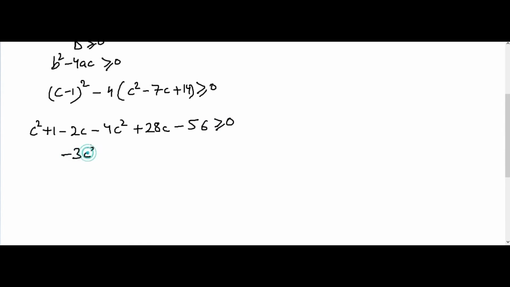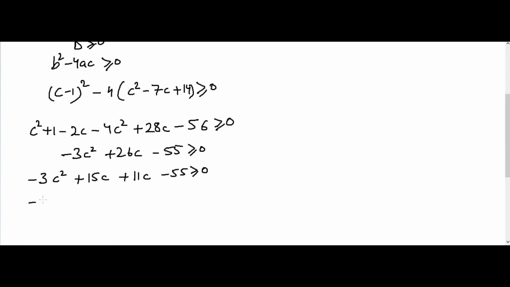You will get minus 3c square plus 26c minus 55 greater than or equal to 0. If you factor it out, 55 is 3 times 5 times 11, so negative 15c and positive 11c, because 11 into 15 is 55 into 3, and 11 plus 15 is 26.